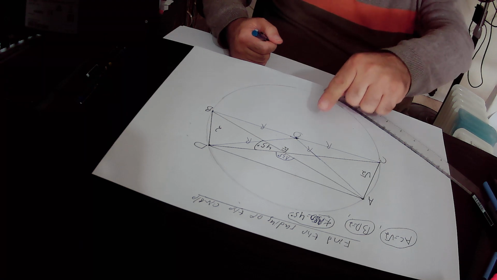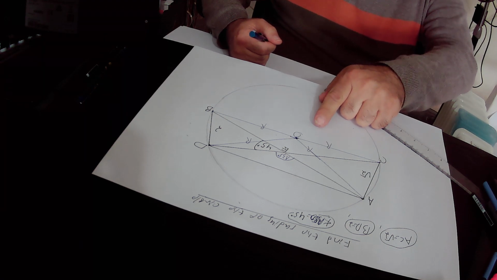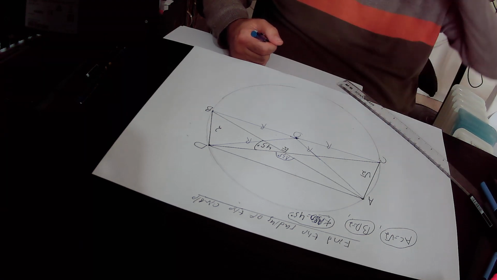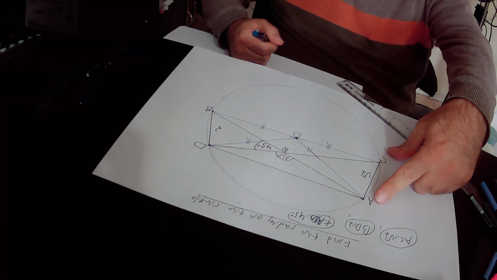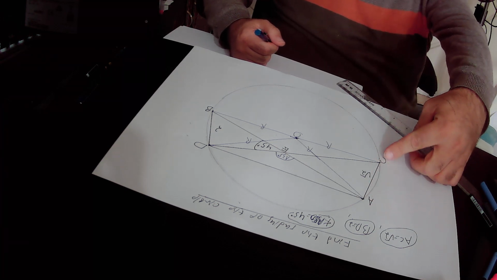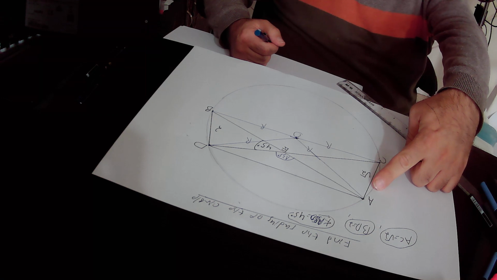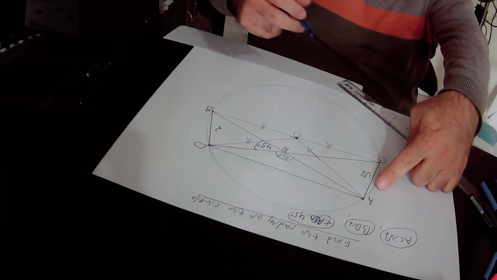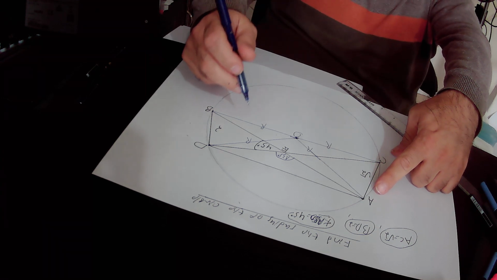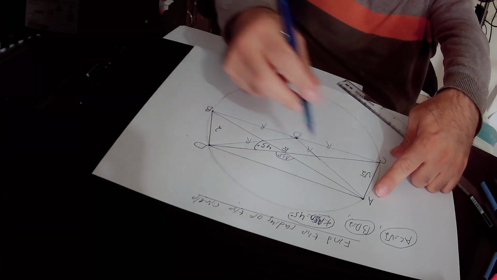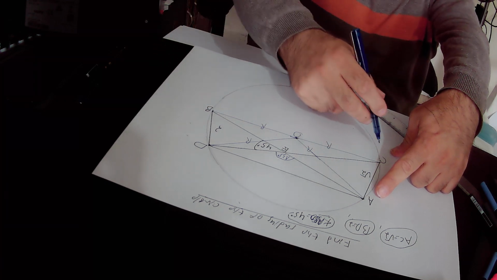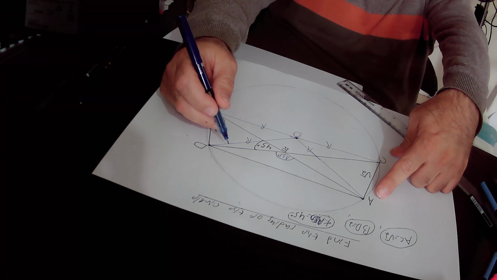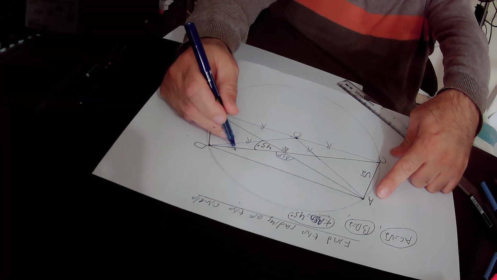We have here chord AC, and we have peripheral angle ADC. We define it as y over 2.